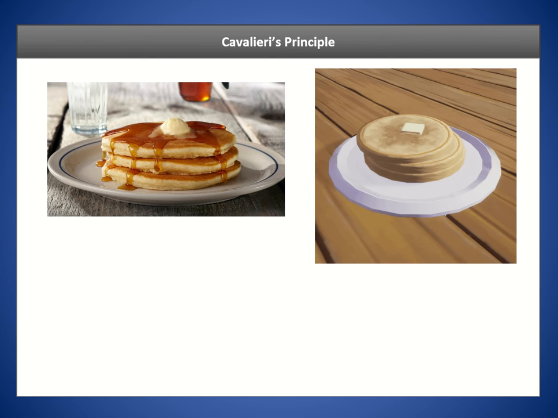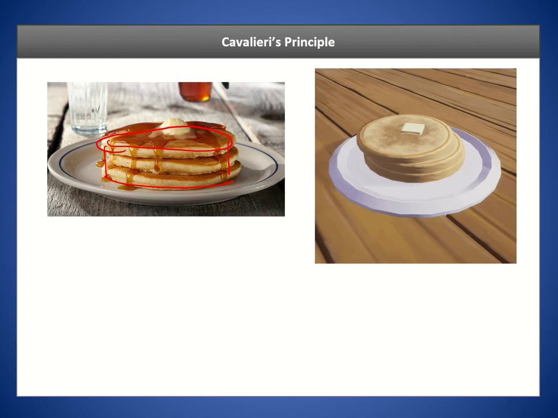All right, so I liken Cavalieri's Principle to a stack of pancakes, or maybe a stack of index cards. On the left, we have a stack of pancakes that is straight up, and you can think of it as a cylinder with those circular slices stacking up to make the cylinder. So that has a certain volume.